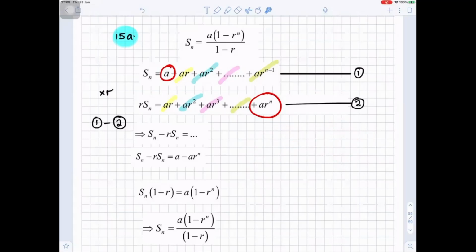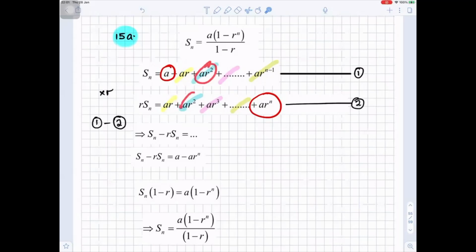Now you've got two equations, equation 1 and 2. Equation 1 take away 2, so Sn take away rSn. The ar will minus the ar, which is 0.